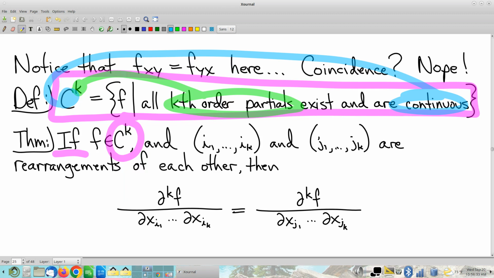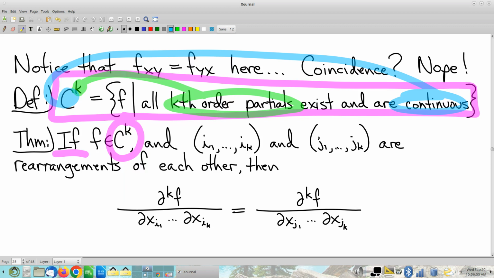By the way, there's such a thing as C infinity. A function is C infinity if you can take all the partials you want and it just keeps being continuous. You could imagine exponentials, like e to the x or e to the x plus y. Just keep taking partials over and over and over, and they just keep being continuous.